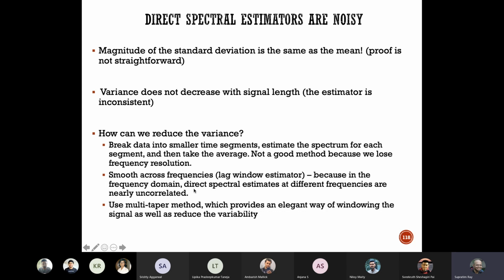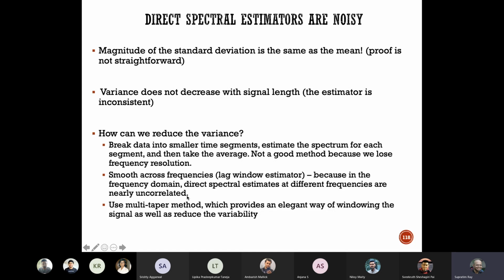And actually, there's no true way for us to reduce the variance other than sacrificing my frequency resolution. At the end of the day, this multi-taper method is just a very elegant and principled way to implement something like this.